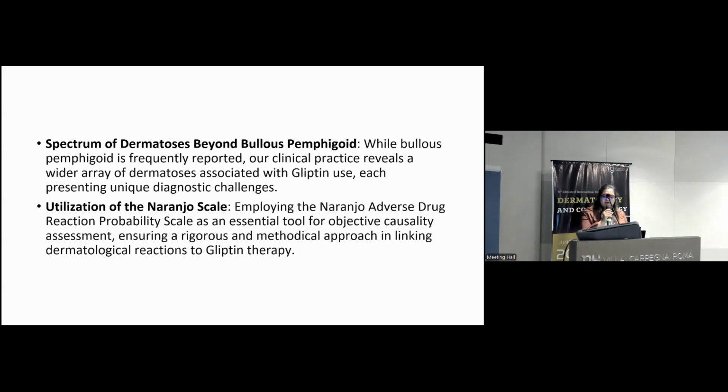While bullous pemphigoid is frequently reported with gliptins, our clinical practice reveals a wide array of dermatoses associated with gliptin use, each presenting unique diagnostic challenges. Employing the Naranjo adverse drug reaction probability scale as an essential tool for objective causality assessment ensures a rigorous and methodological approach in linking dermatological reactions to gliptin therapy.